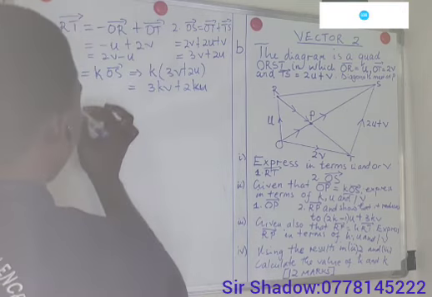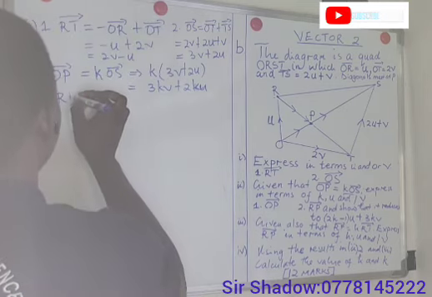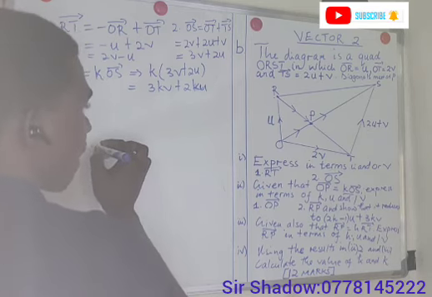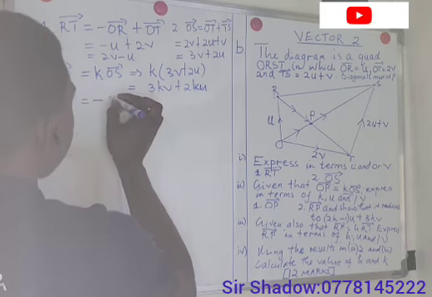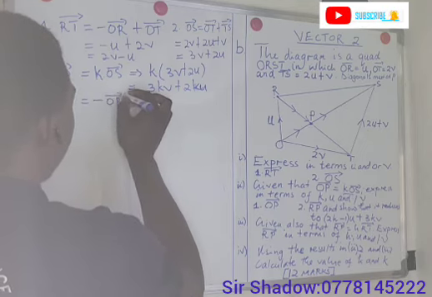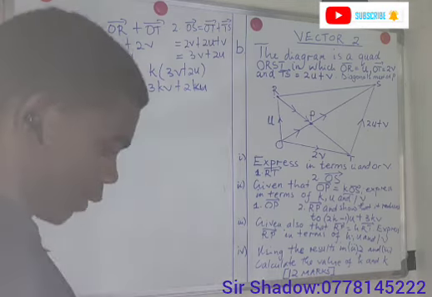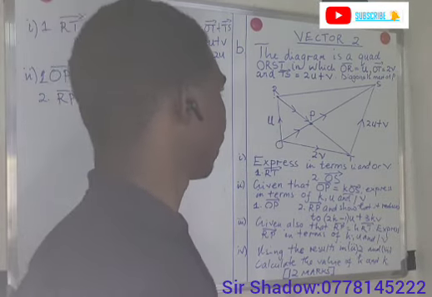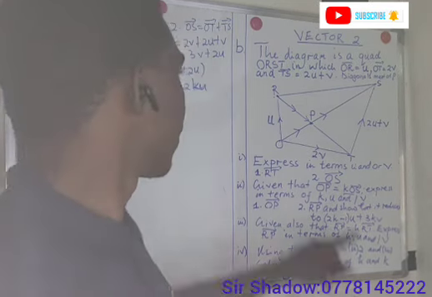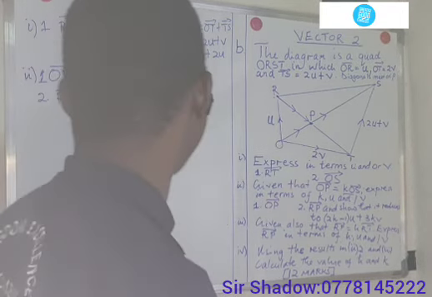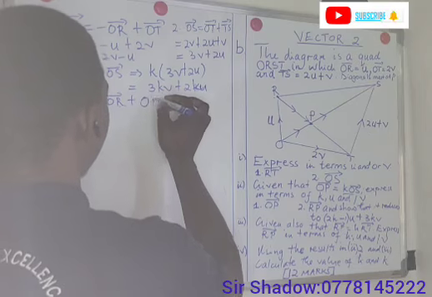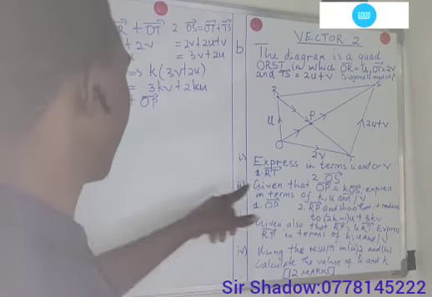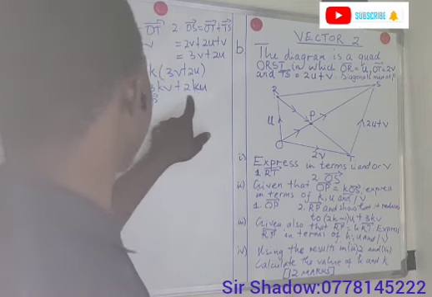So for us to find RP, we have to say negative OR plus, remember we are opposing the arrow here, we are opposing OR, so we have to say negative OR plus OP. But you already have OP here.